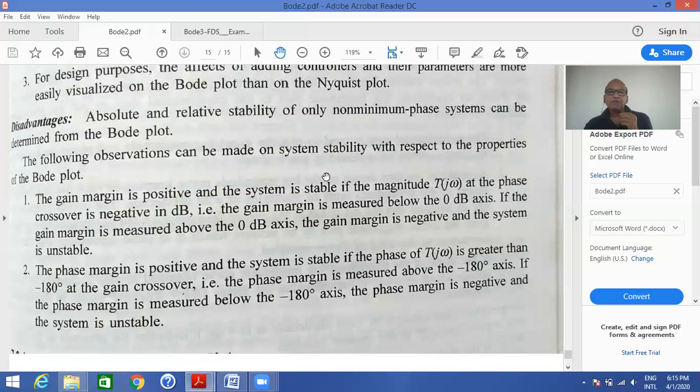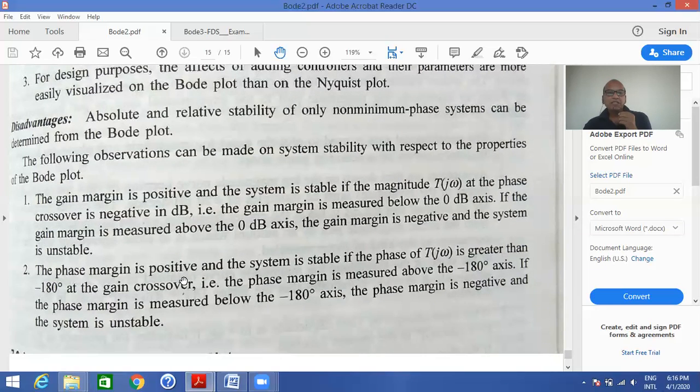In the previous slides we already said that if the gain margin is below the 0 dB axis, then the system is stable. If the gain margin is measured above the 0 dB axis, the gain margin is negative and the system is unstable. That is, the gain margin GM below 0 dB says that the system is stable, otherwise it is unstable.